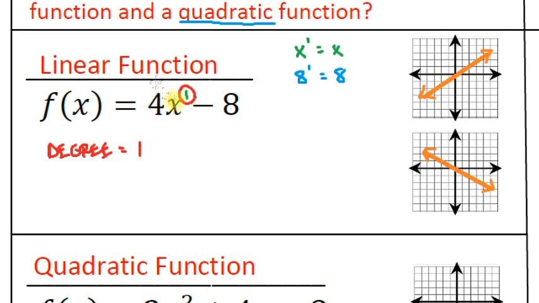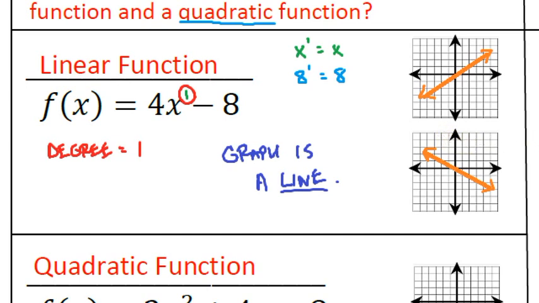If you see a function whose degree is 1, meaning the highest exponent on a variable is 1, that tells you it must be a linear function. And we just talked about how a linear function graphs. I'll just put: graph is a line. That's where linear comes from. The graph is a line.